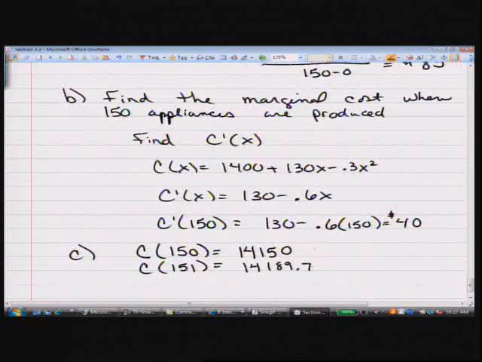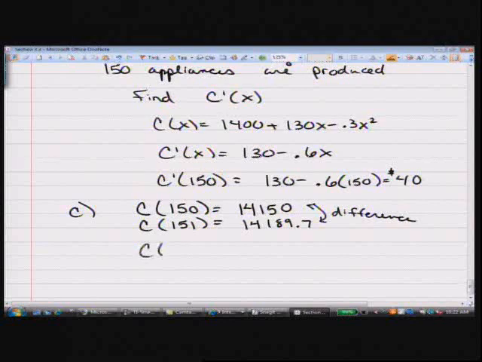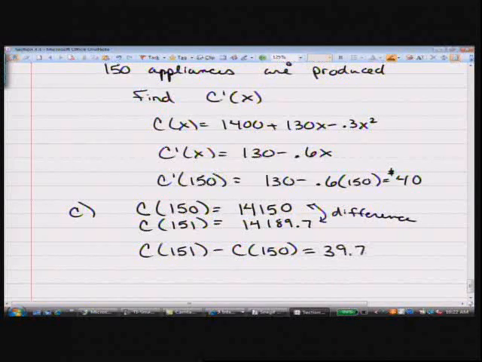This difference is $39.70, right? C of 151 minus C of 150 is equal to $39.70. Which is pretty darn close to what the marginal cost is, $40. Okay, so we think of the marginal cost as the amount to produce one more over a certain interval.